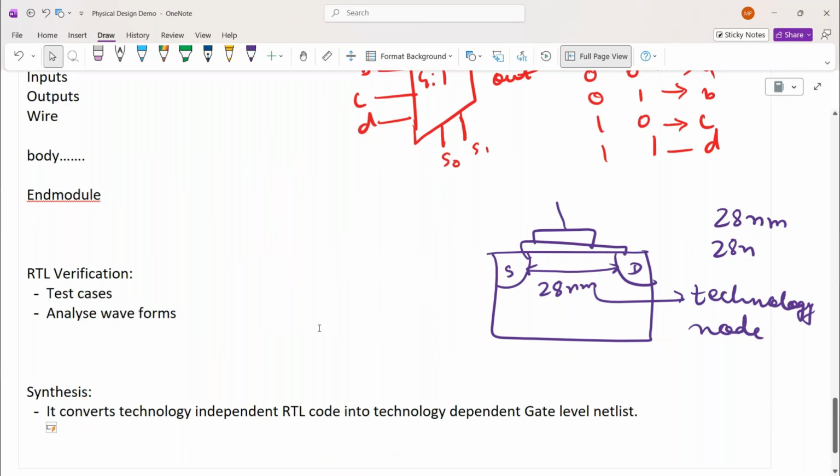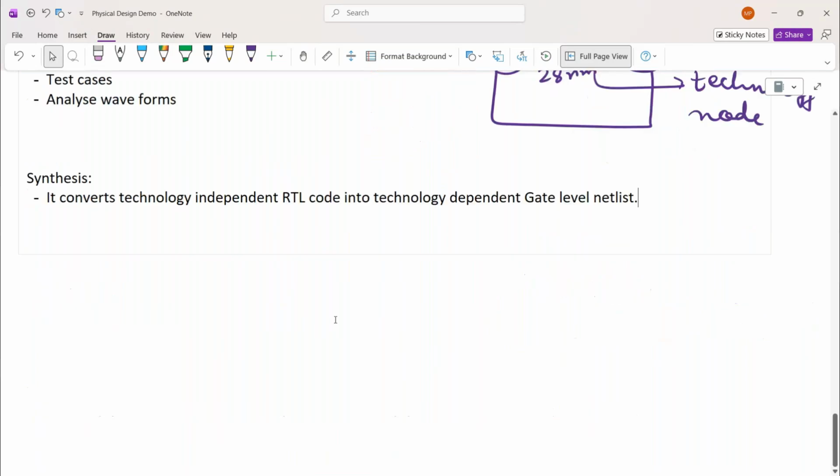Now you will see all the cells related to the technology. Your design was there, and now it is mapped with the technology dependent cells. That is what synthesis is doing. I will show you the netlist.